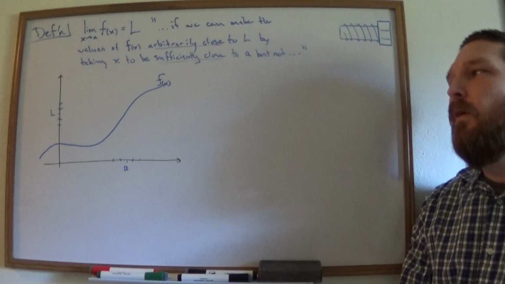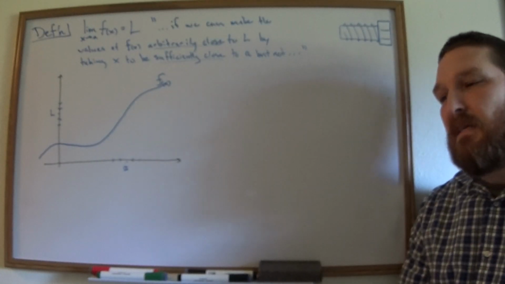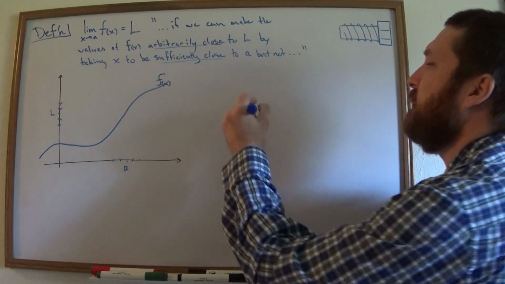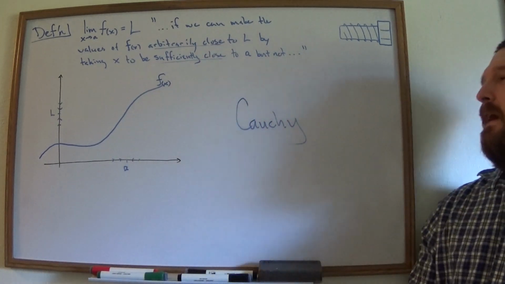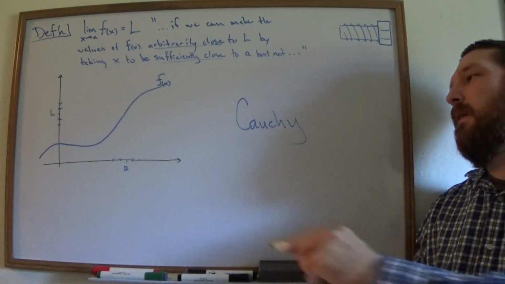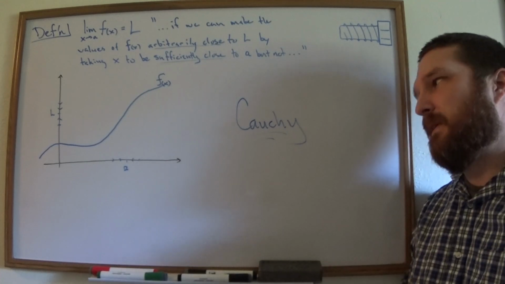And so that's where the definition we're going to be talking about today came in. I know Augustin Cauchy is pretty much the father of analysis as we do it today.